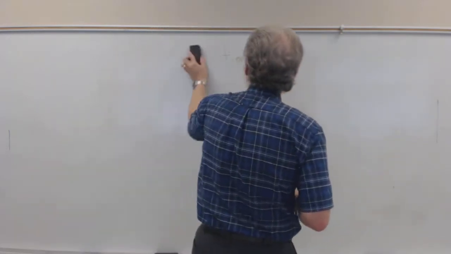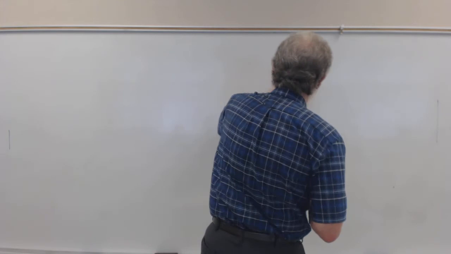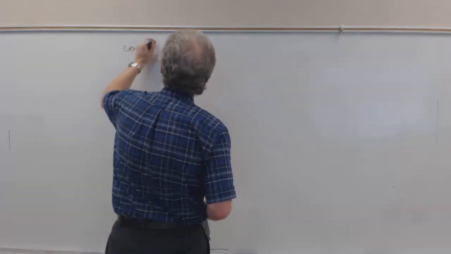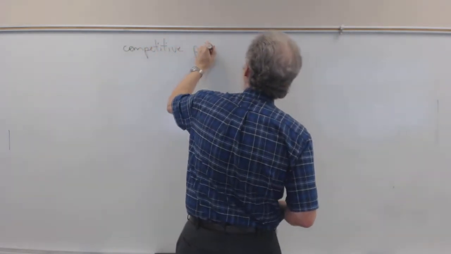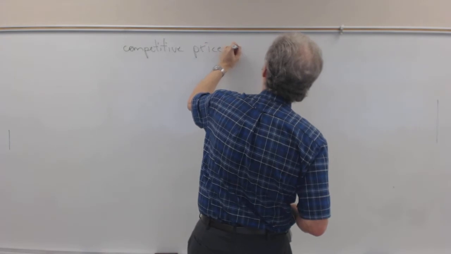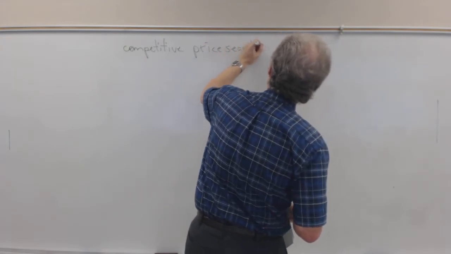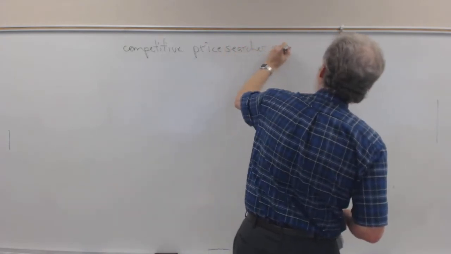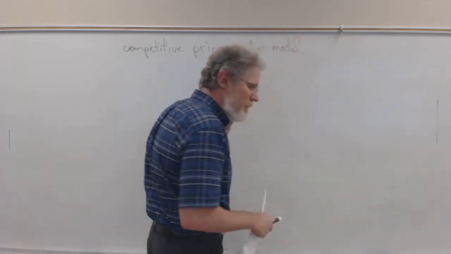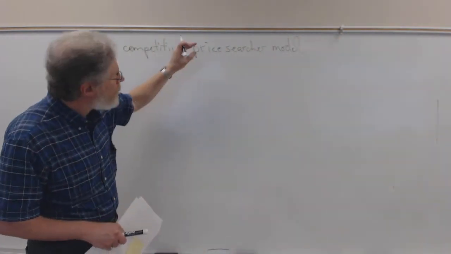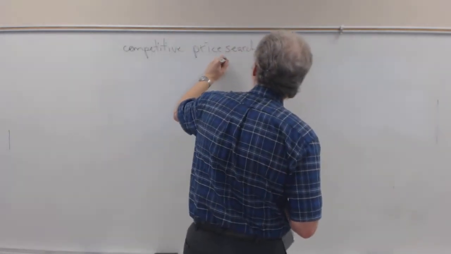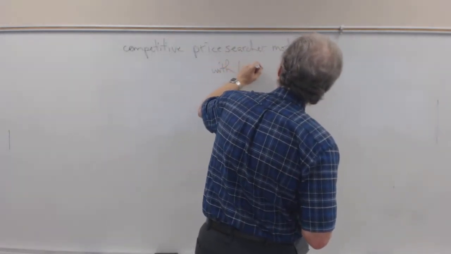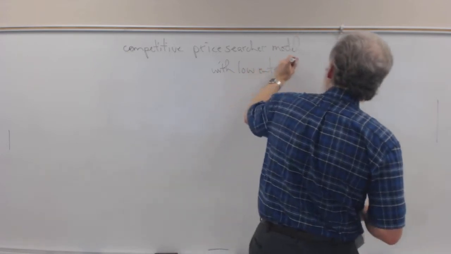And the second model we're looking at, we're going to call a competitive price searcher model. And in chapter 23, we're looking at a competitive price searcher model with low entry barriers.